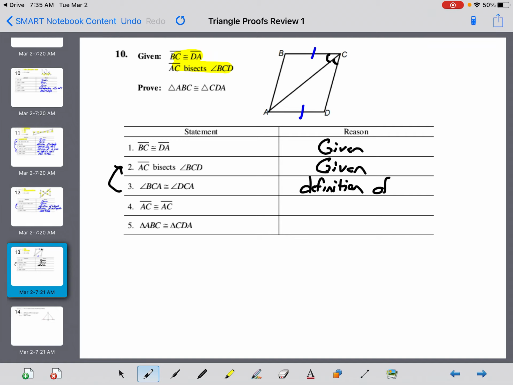That's the definition of an angle bisector. Then we have AC being congruent to AC. Well, that's reflexive. So when we look now, we have side, angle, side. Okay, side, angle, side.